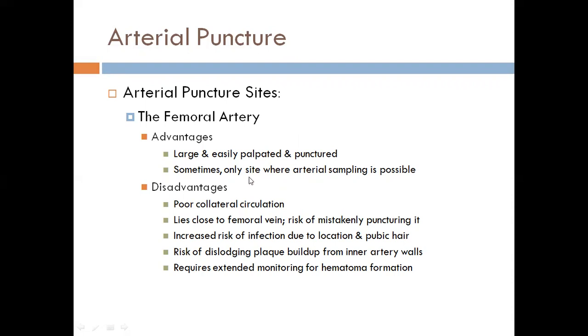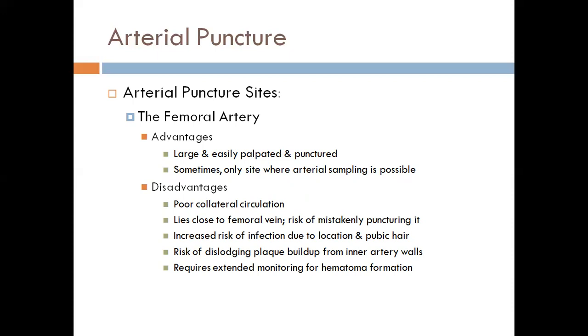However, sometimes this is the only site where arterial sampling is possible kasi nga, there are patients suffering from hypovolemia or patients with low cardiac output, or during cardiac resuscitation, there is no good flow of blood to your brachial and to your radial.